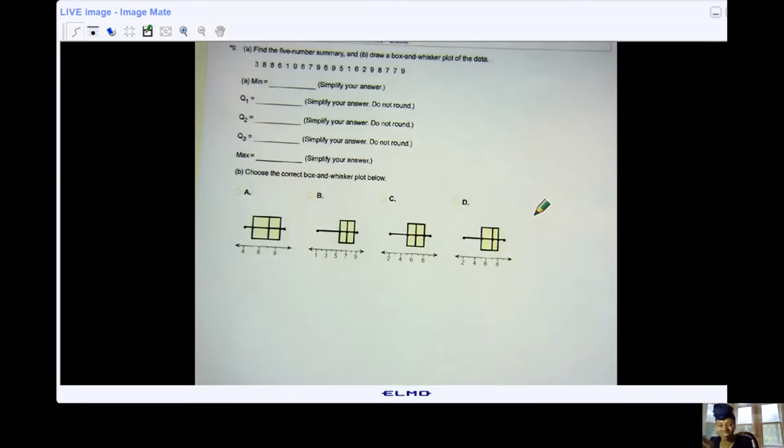Also in this section, we do talk about quartile values, the 5-number summary, okay?